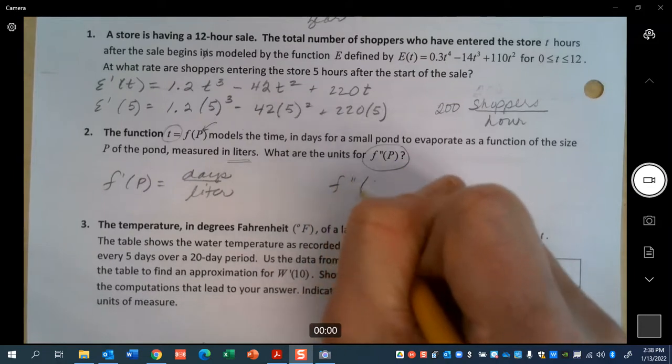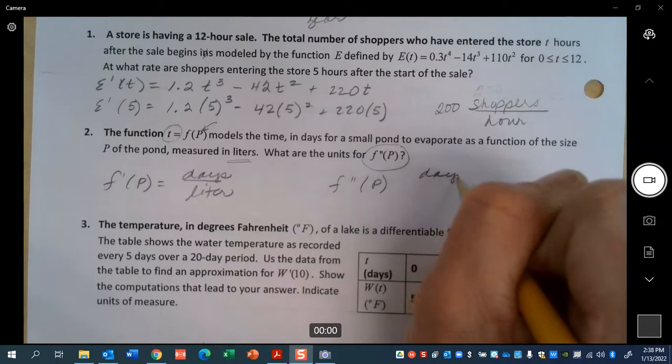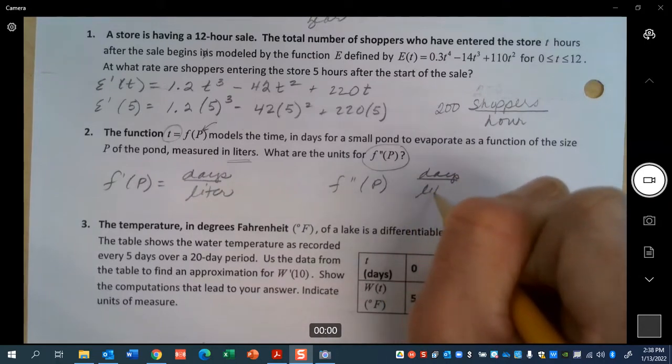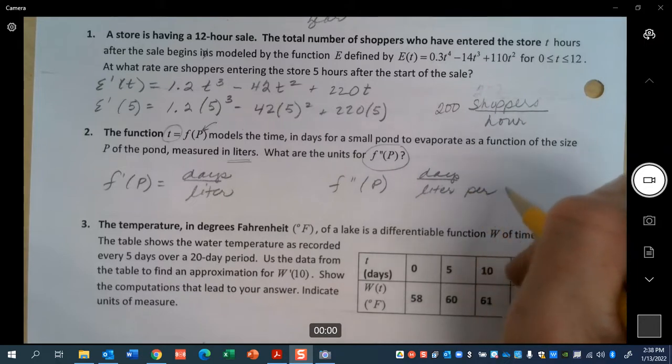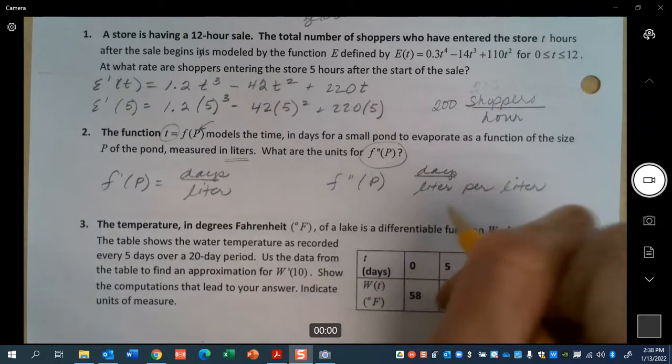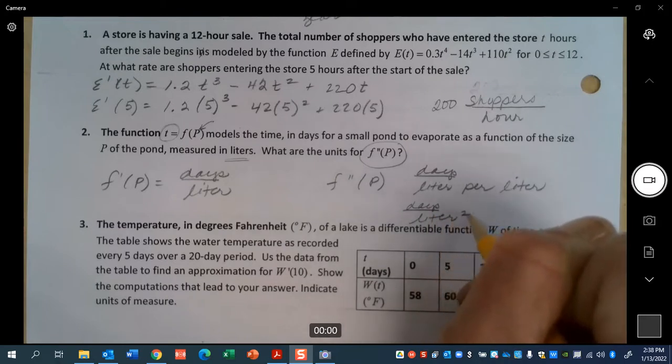What do you think? Days per liter per liter. Or you could call that days per liter squared.